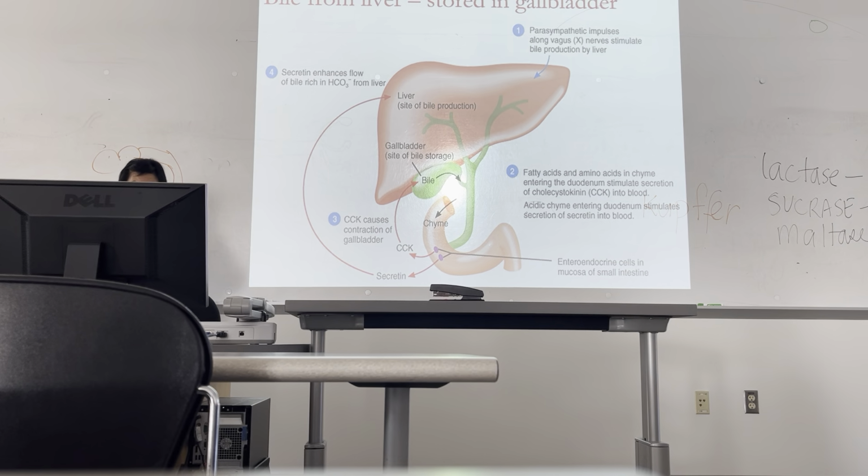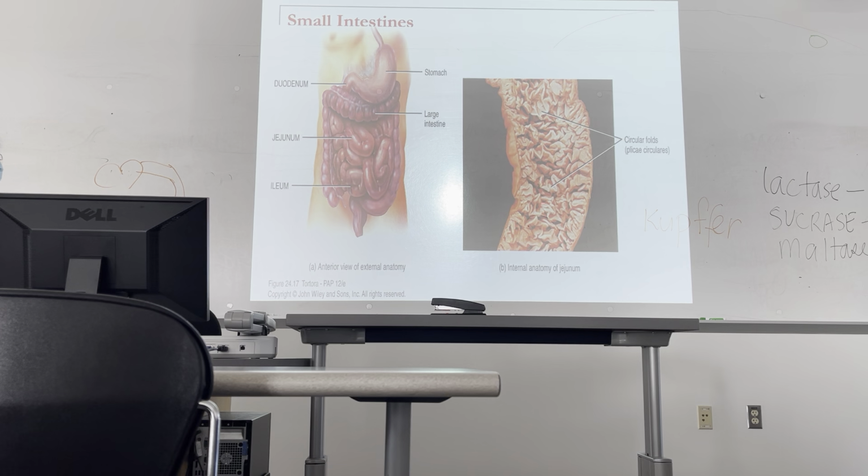So, now let's look at the anatomy of your small intestines. Compare the folds in the stomach. In the stomach they are called rugae because the folds are only temporary. But in the small intestine, these folds never disappear, so we call them permanent folds or plicae circularis.